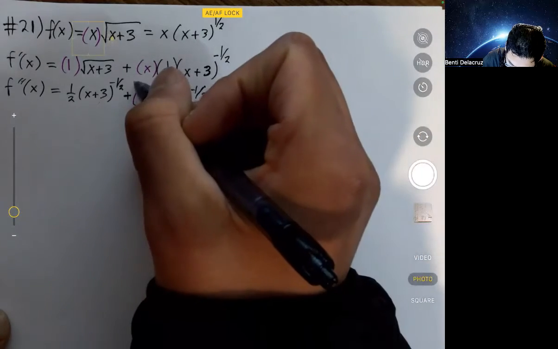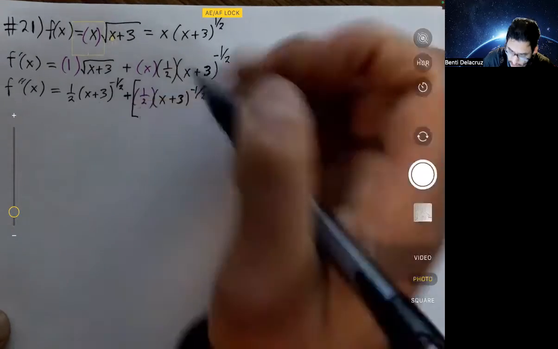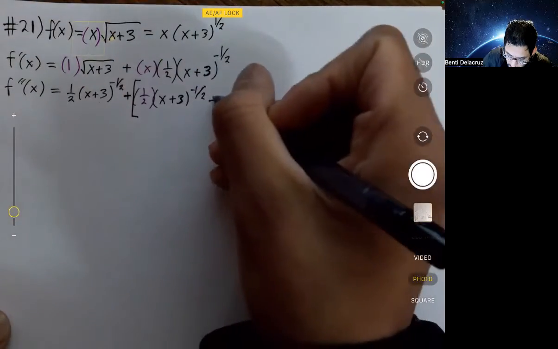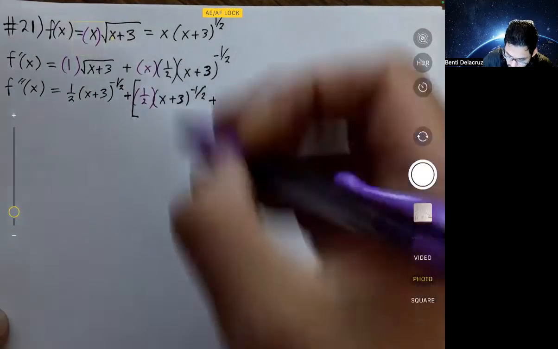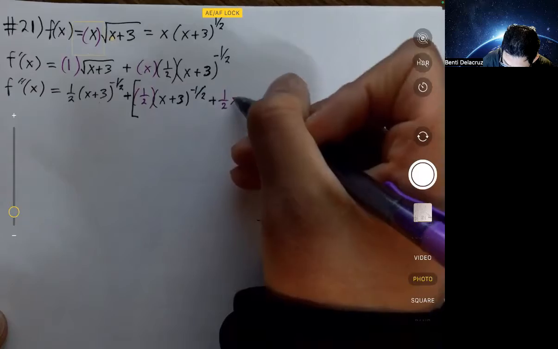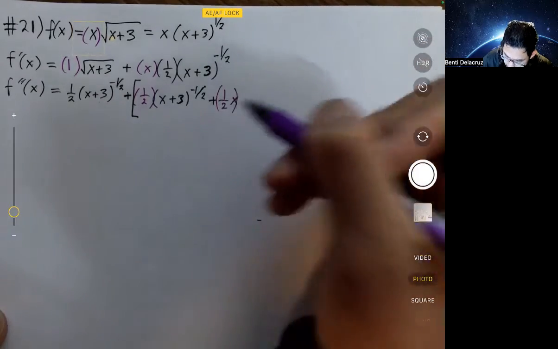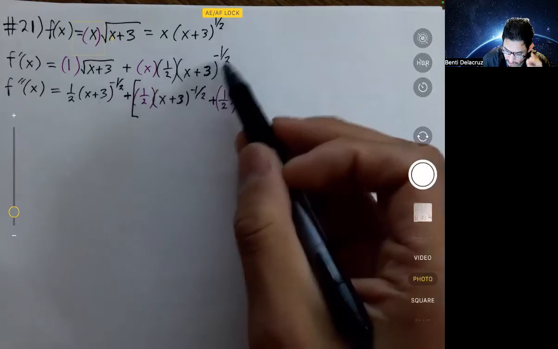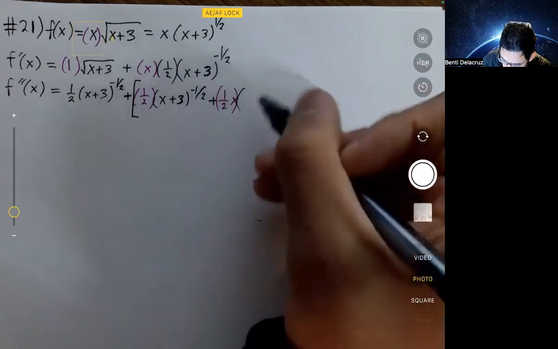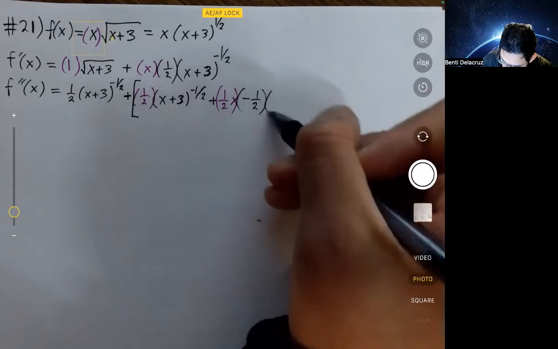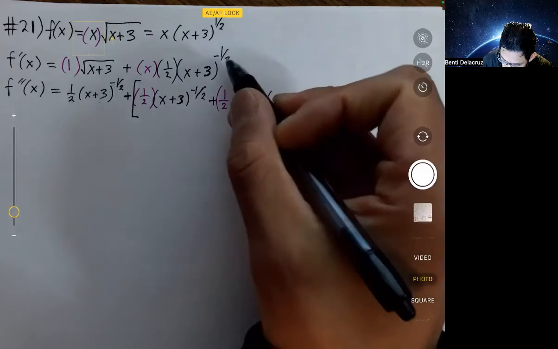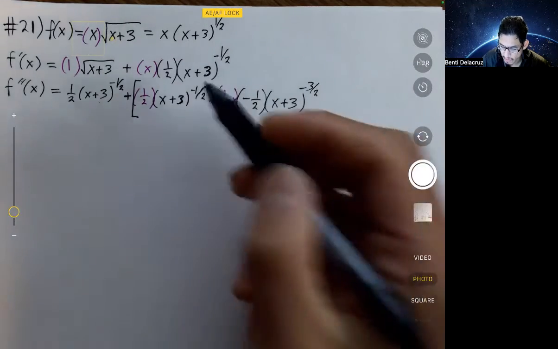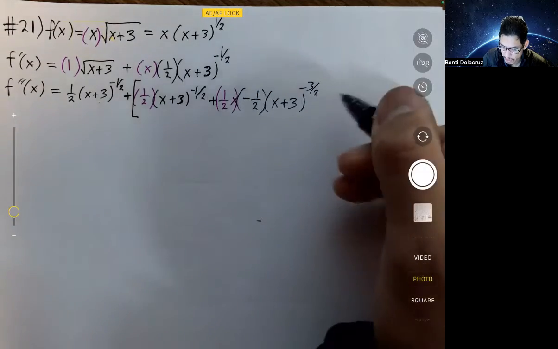Let's put the second part in a group. So we're using product rule, plus keep the 1/2 x constant and times the derivative of this. So using power rule, it'll be negative 1/2 times x plus 3 to the negative 1/2 minus 1, so that's the negative 3/2. The derivative of x plus 3 is just 1, so you don't have to worry about anything else.